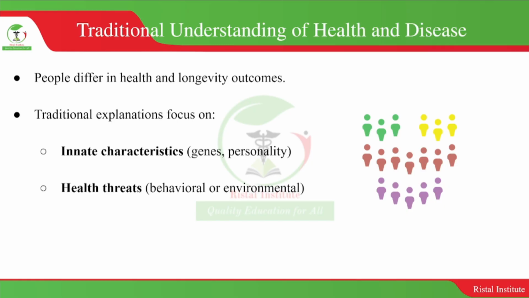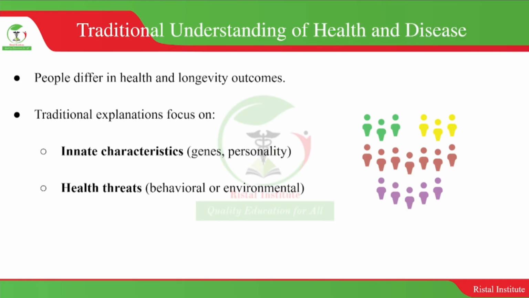And then we also look at issues to do with morbidity, which is the occurrence of diseases in a population. Morbidity, issues to do with prevalence, how many people are having particular conditions. Okay, so we are saying that these parameters are not always the same, and that's what we mean by health outcomes. That people are not catching diseases at the same rate, and people are not dying at the same rate.